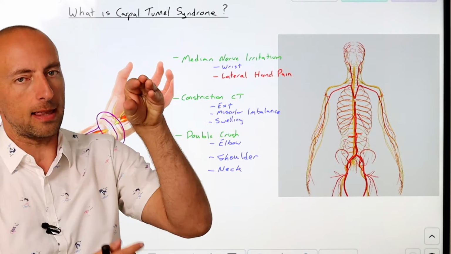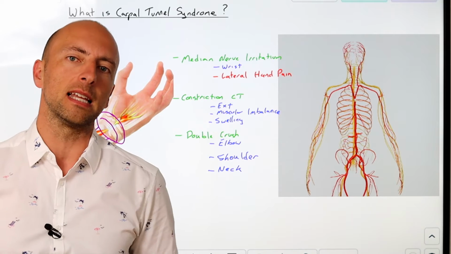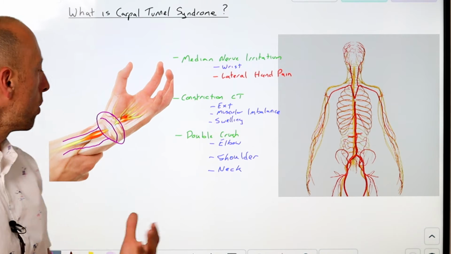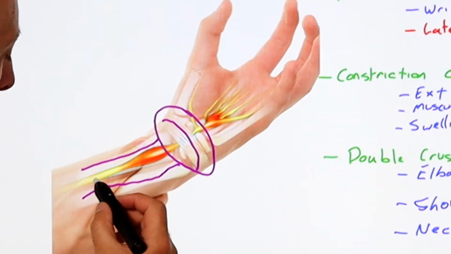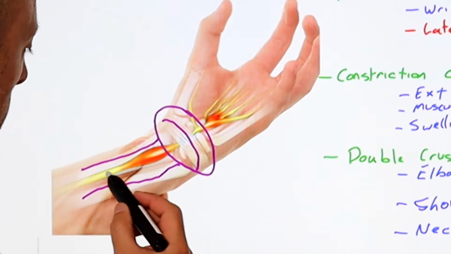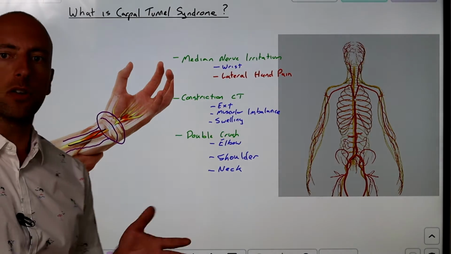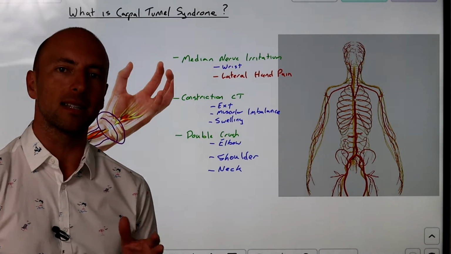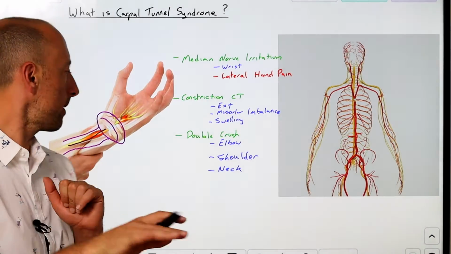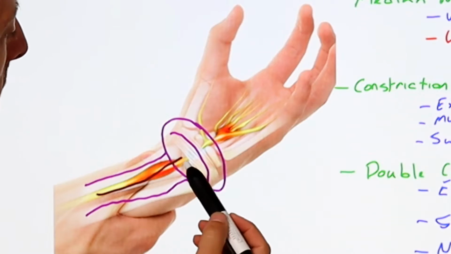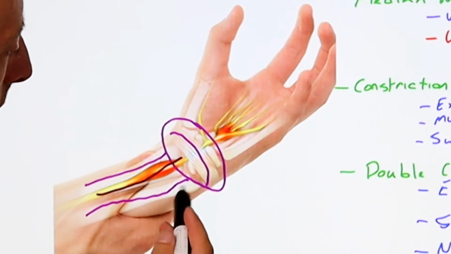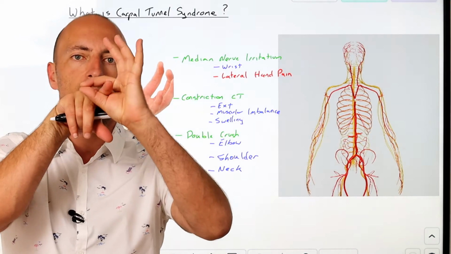So what we end up with is a small area of bones that sit kind of something like this, with an arch underneath, and then through there, importantly, is a very important nerve called your median nerve, which we can see coming through here like this. Now the unique thing about the median nerve is that it passes underneath that sheath, underneath that ligament, and then above those bones in the wrist. So it kind of goes through a tunnel.